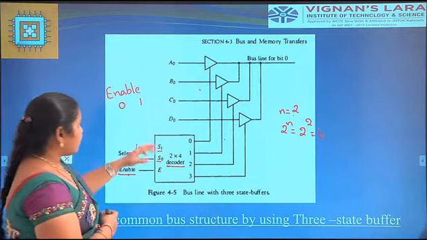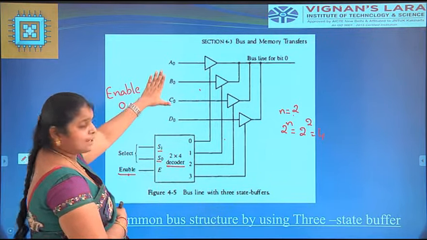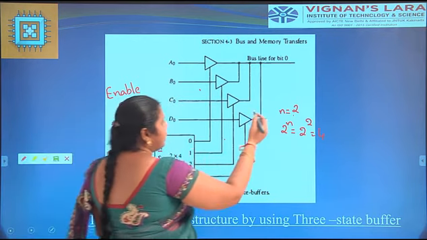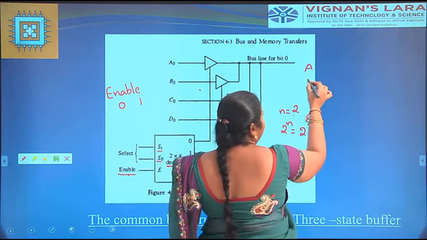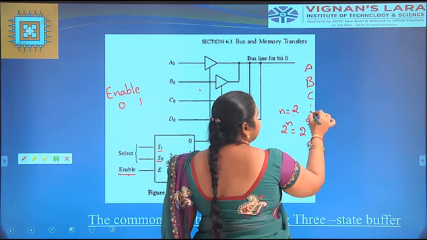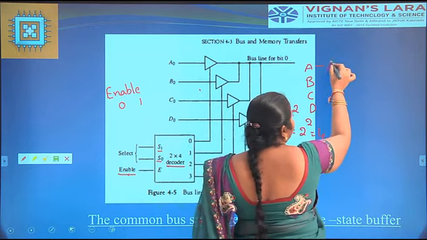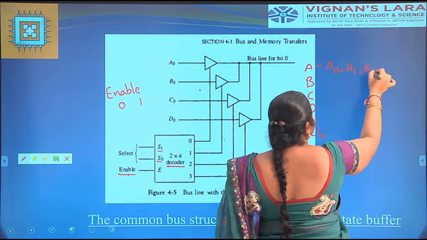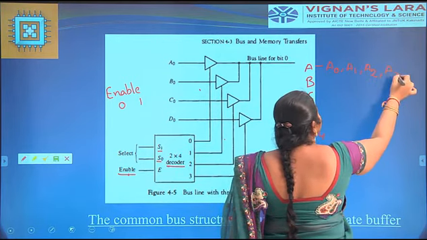Here we have 4 registers: A, B, C and D. A takes 4 bits: A0, A1, A2, A3.